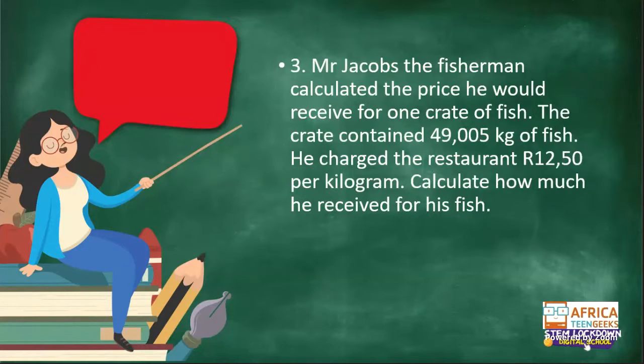Now you need to calculate how much he received for his fish if he charges 12 rands and 50 cents per kilo. You need to calculate how much did he receive when he charges 12 rands and 50 cents per kilogram.